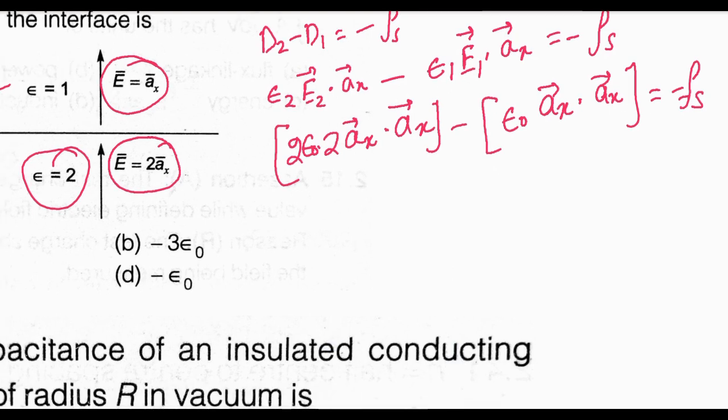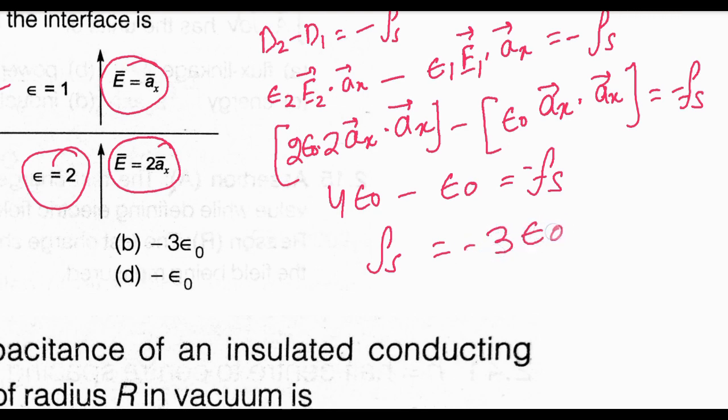Since a x dot a x is in the same direction, the angle between them is 0 and cos 0 is equal to 1. That means this will be 4 epsilon naught minus epsilon naught. So the answer, rho s, will be 3 epsilon naught.